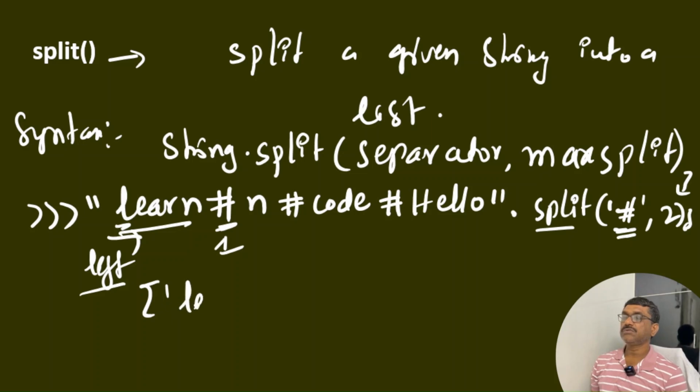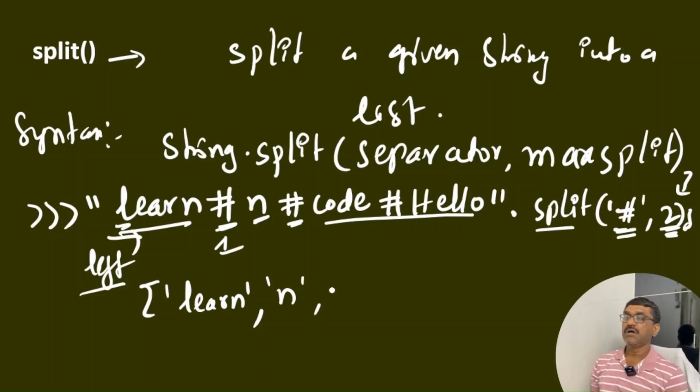Okay, in single quotes, the first item is learn, comma. Next, it is going to take the second hash. Before the second hash, what is there? N. N becomes the second item in the list. Okay. Now, after encountering the second one, the count we have reached is 2. What about the remaining part? Now, the remaining part will be displayed as is as the third item.